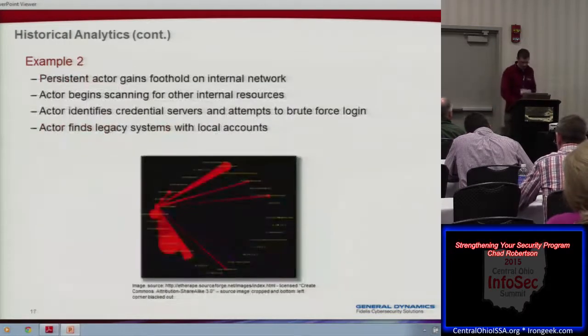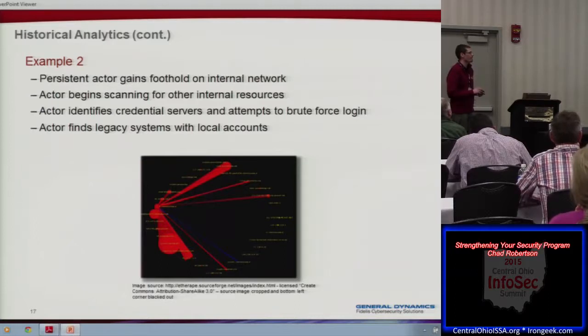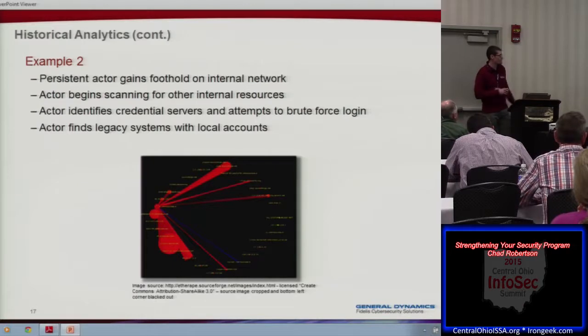So here's another example of historical analytics. A persistent actor gains a foothold on an enterprise. The actor begins scanning for other internal resources. And maybe days pass, right? So first thing happens, whatever way they get in, the access occurs.